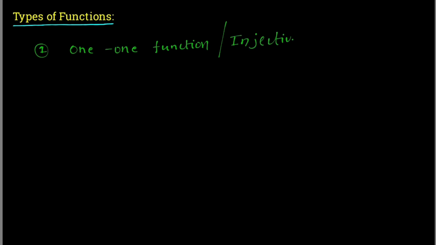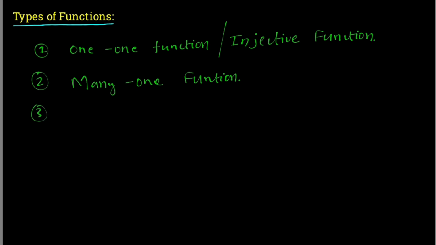When it comes to the types of functions, functions can be of many types, namely the one-one function. This one-one function is also known as the injective function. The second one is the many-one function, many to one function.